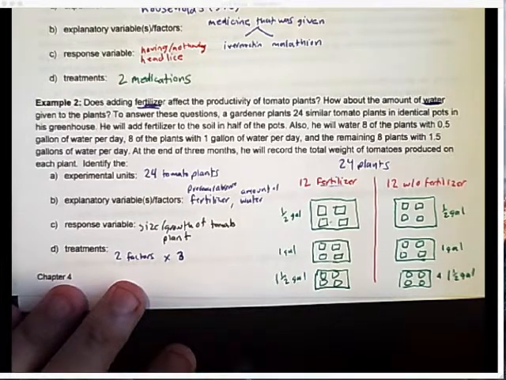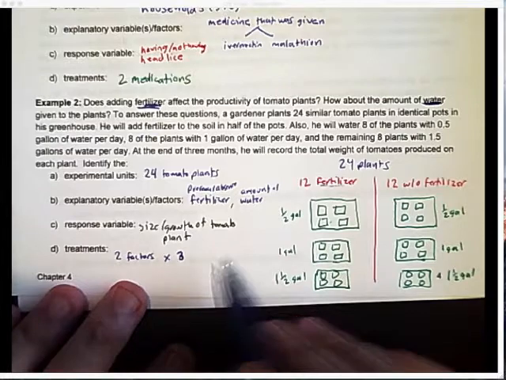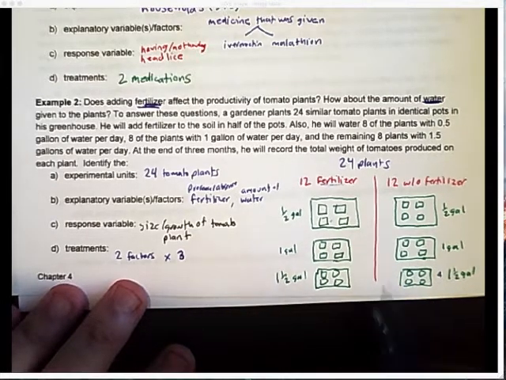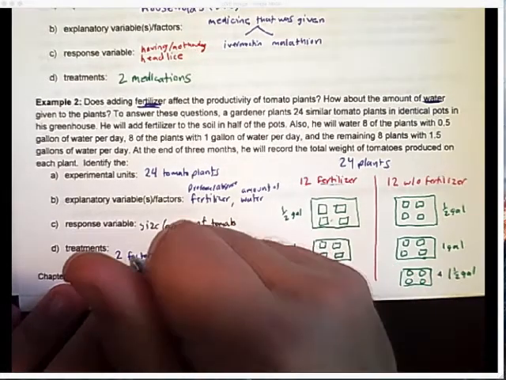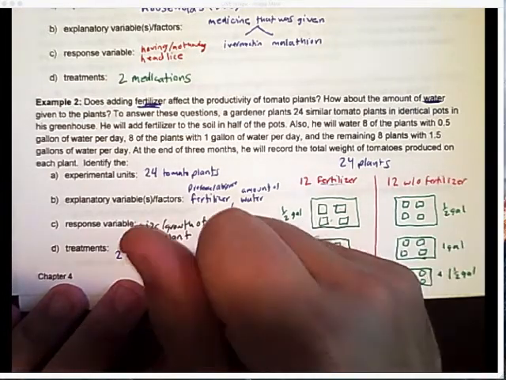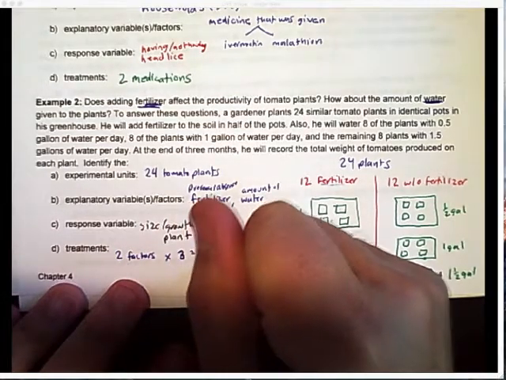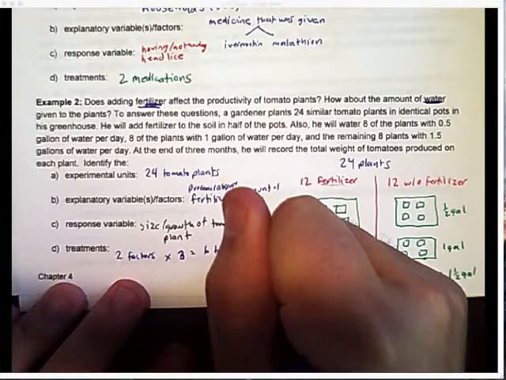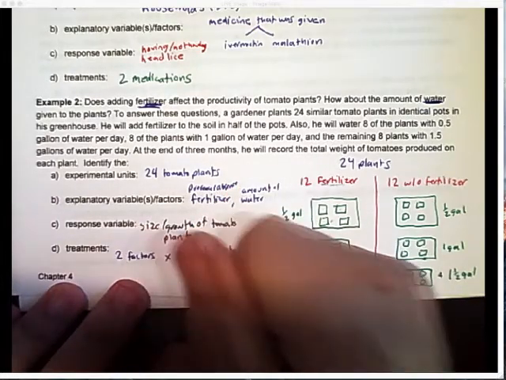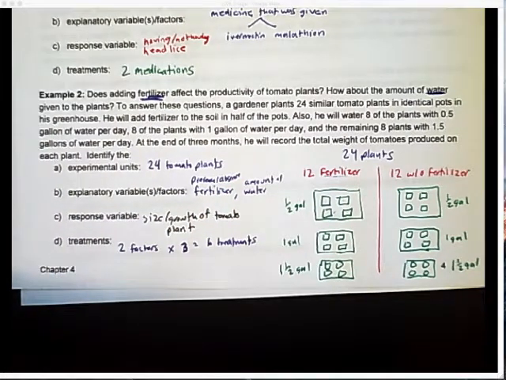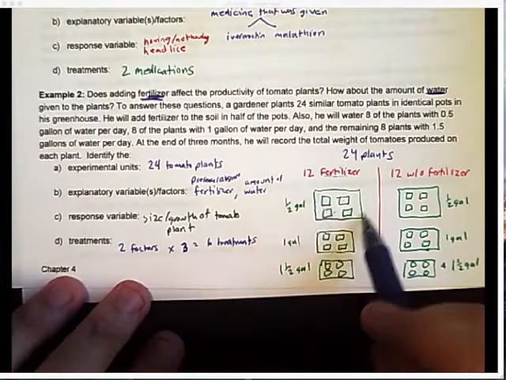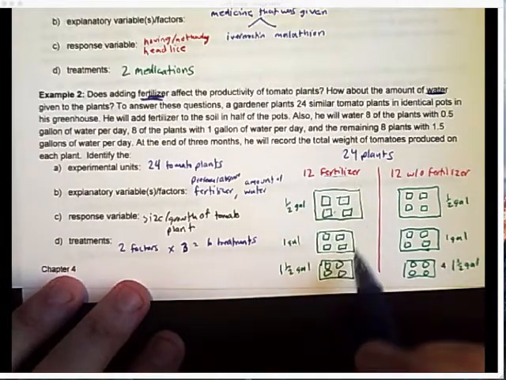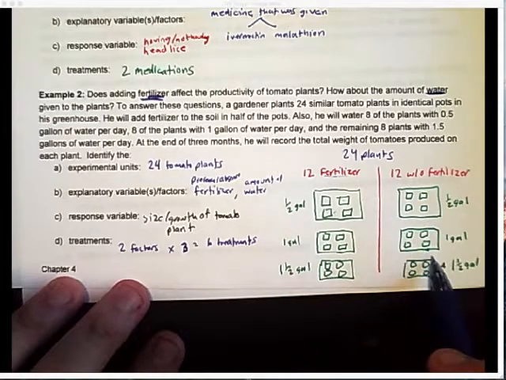Okay, and then for each of those, there's 3 different criteria. So there's going to be 6 treatments. There's 2 factors times 3 to get treated. There's 6 treatments, because if you look here, there's 6 boxes. 1, 2, 3, 4, 5, 6.